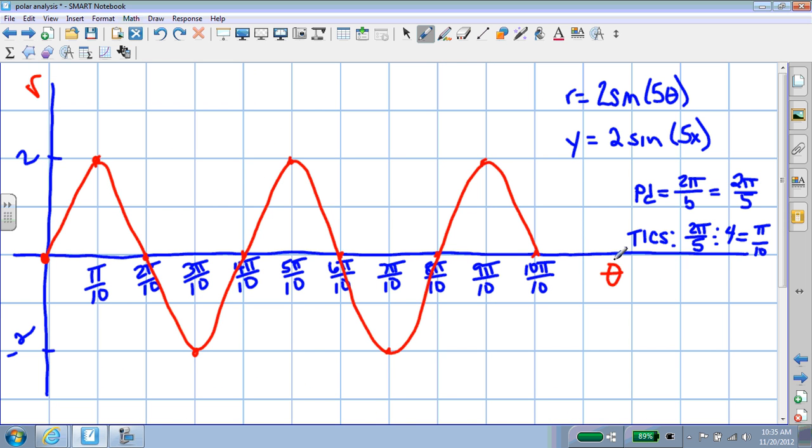Okay, so if I continue this and say, okay, 11 pi over 10, 12 pi over 10. Okay, it's going to go negative 2, 0. So it's going to come this way. Okay, so at 11 pi over 10, I'm at negative 2. And at 12 pi over 10, I'm at 0.